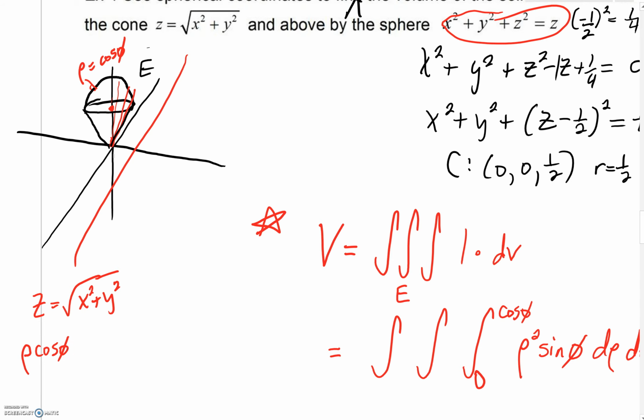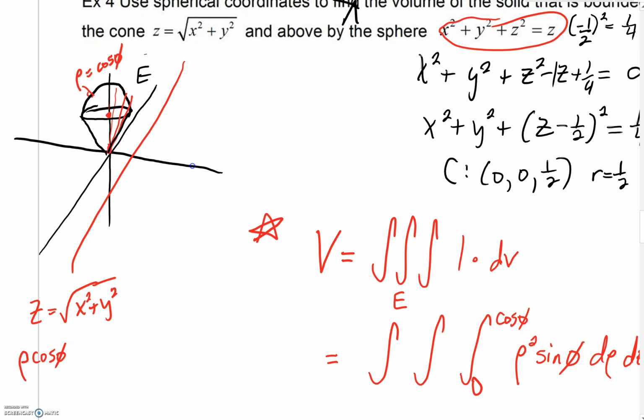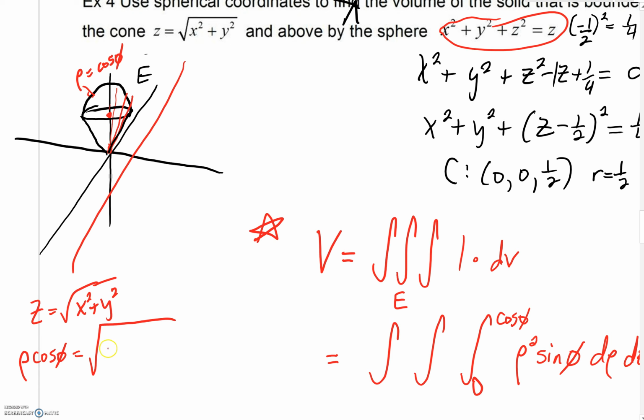But my goodness, we had x. Let's just review a little bit. x was going to be rho sine of phi cosine of theta. And then our y was rho sine of phi sine of theta.